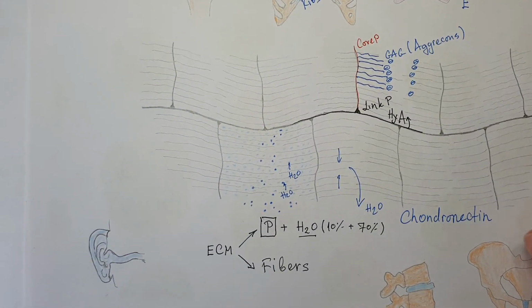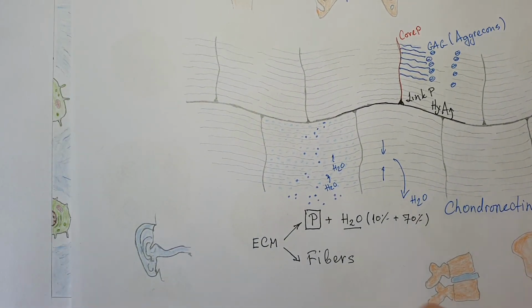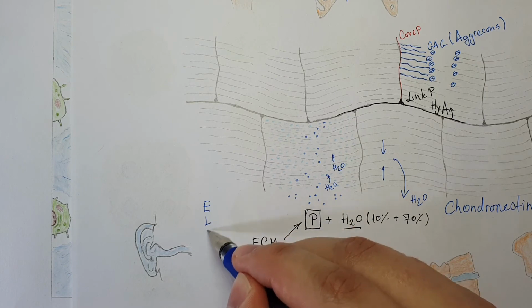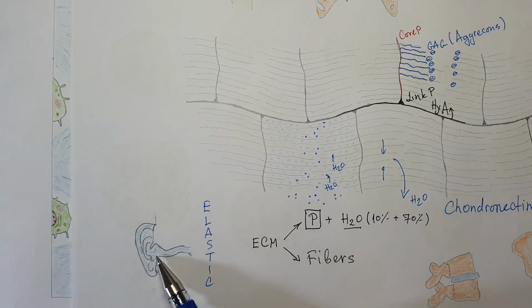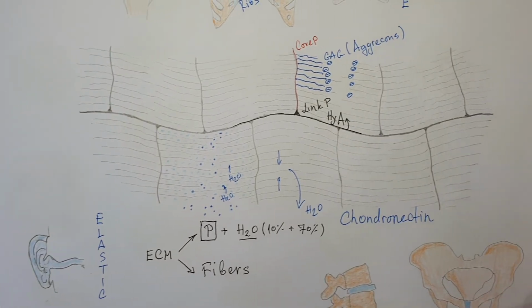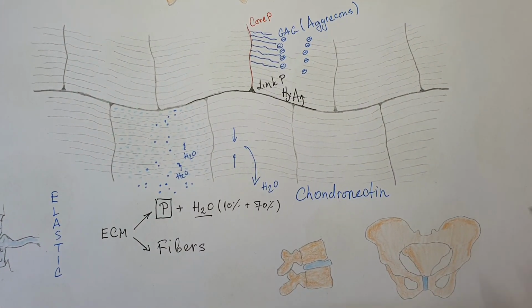Then we have the elastic cartilage. The elastic cartilage is found in the auricle, the outer auditory meatus, and the Eustachian tube. And then we have the fibrocartilage.